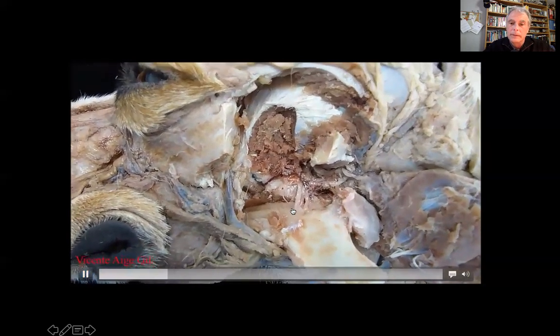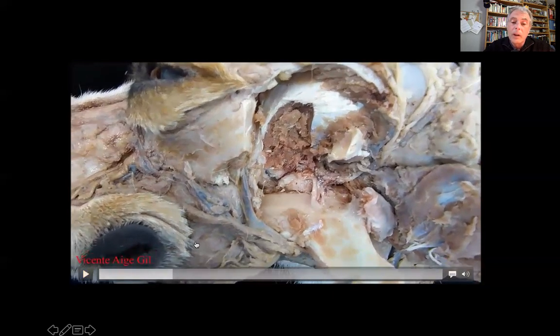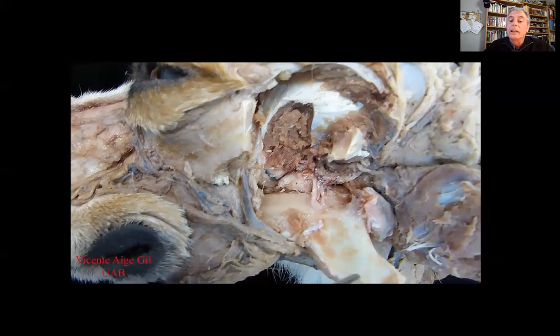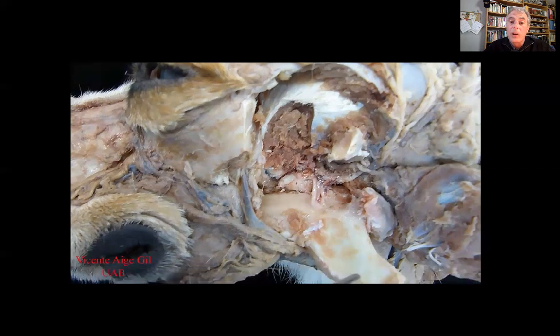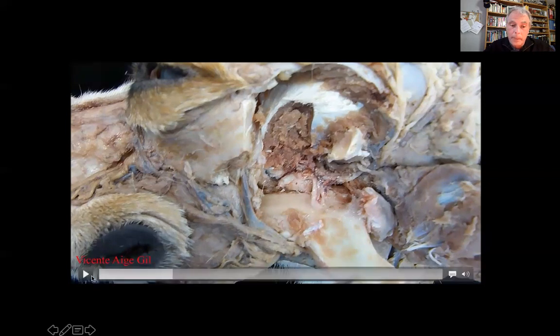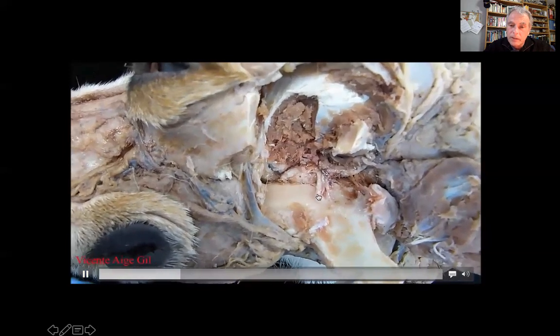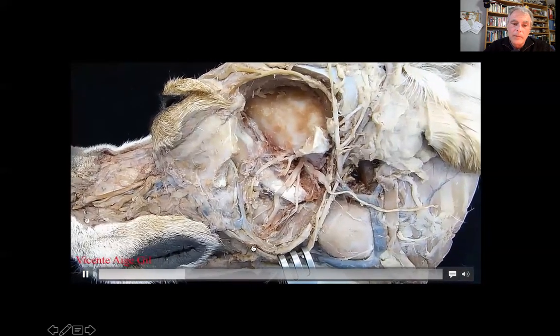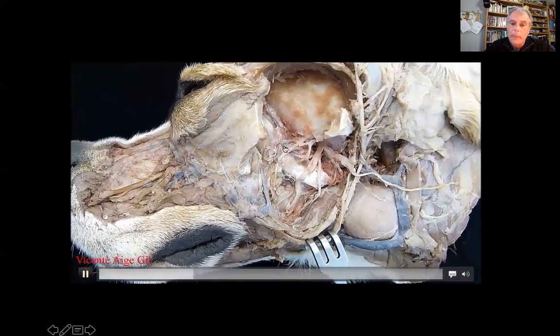This is the one that is going to be sensory for the lower teeth, and also through the mental nerves that leave through the mental foramen, it is going to be sensory for the rostral portion of the lower lip.